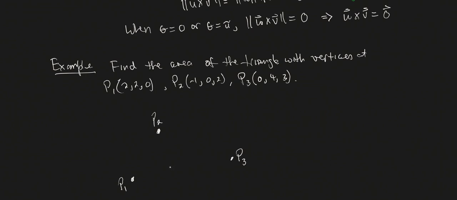How can I make this into a problem with vectors? I am going to define the vector that goes from P1 to P2 and call that vector U. Then I'm going to call the vector that goes from P1 to P3 vector V. Remember, I need the two vectors to be concurrent, so they need to have the same initial point.